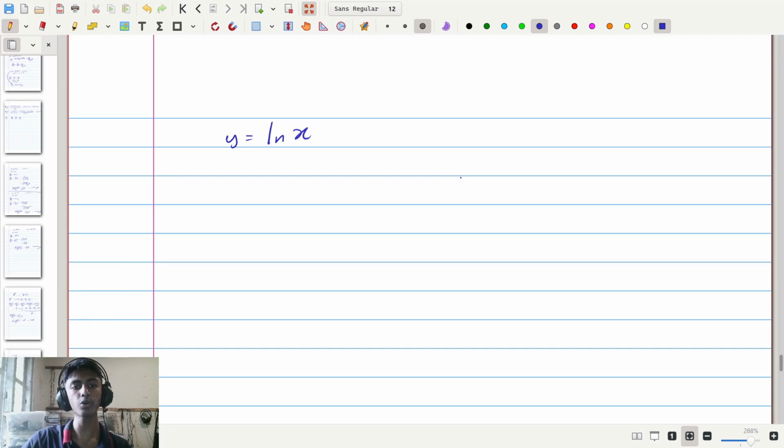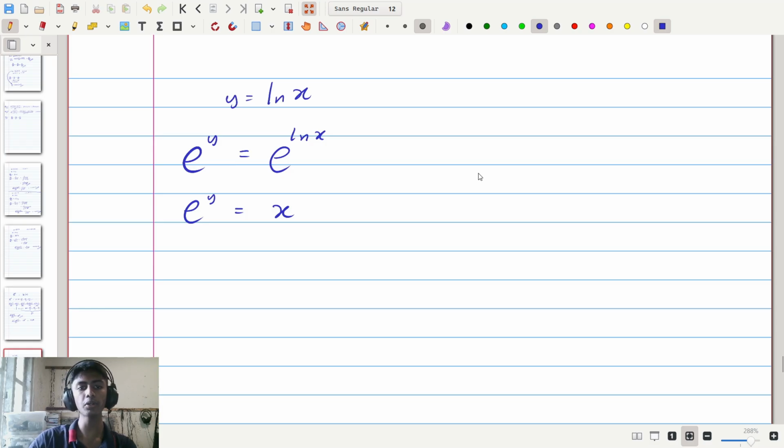Over here what we're going to do is take e to the power of both sides. So here on the left side we're going to have e to the power of y is equal to e to the power of the natural logarithm of x. Since e and natural logarithm of x are perfect inverse functions, on the right hand side we can write this as just x. So therefore we have e to the y equals x. Rearranging this so that we have the subject on the left side, we have x equals e to the power of y.